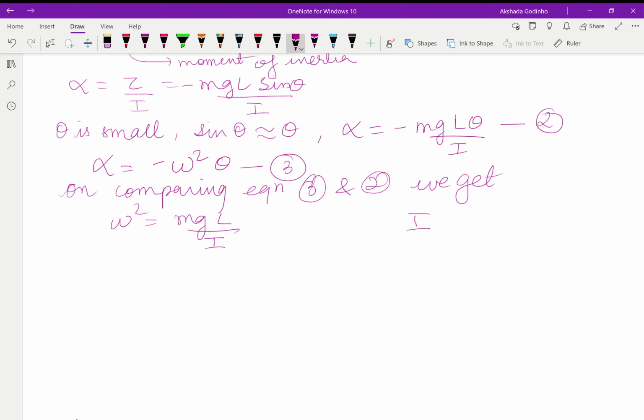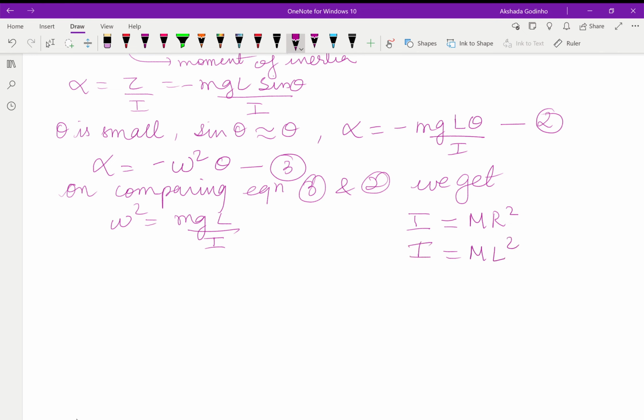What is I? Moment of inertia. Do we know how to find moment of inertia? Yes, moment of inertia is mr square. But here we are not looking at a radius. Rather, the radius here is our length. So it is mL square.